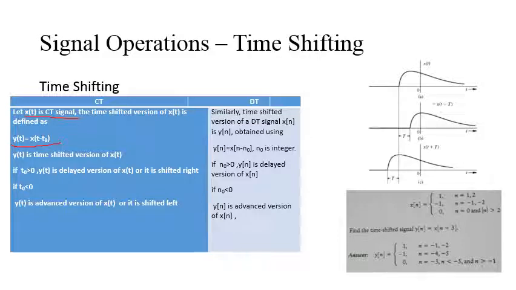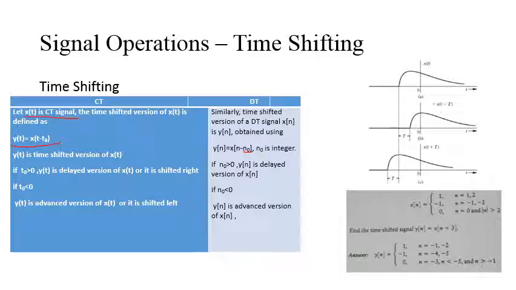So similarly, we can also say the same thing for the discrete time case, that the input signal is, for example, x of n, and the output signal is y of n, which is obtained by shifting the signal x of n by amount of n naught. So remember that in case of continuous time signal, t naught can have any value, right?